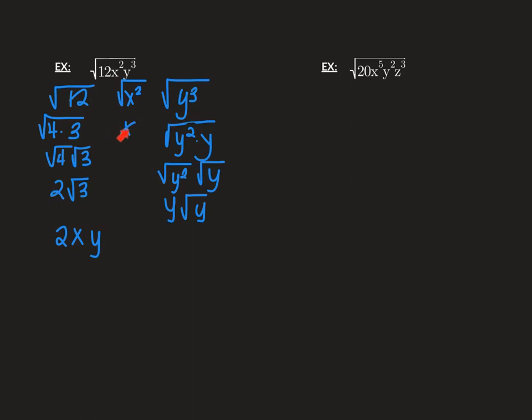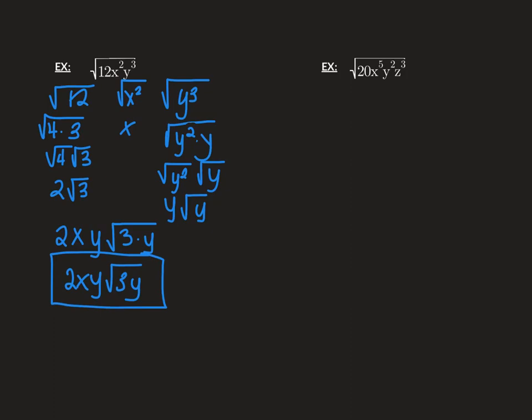The numbers that are inside are 3 and y. So my final answer is 2xy root 3y. This is the simplified version of root 12x squared y cubed. Do you see how we took it into 3 parts?